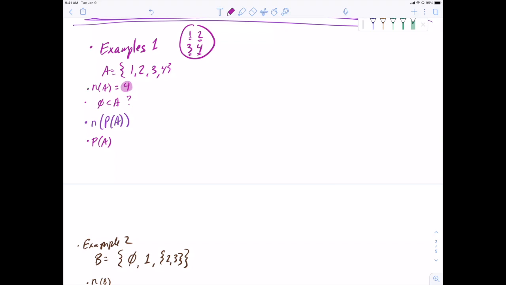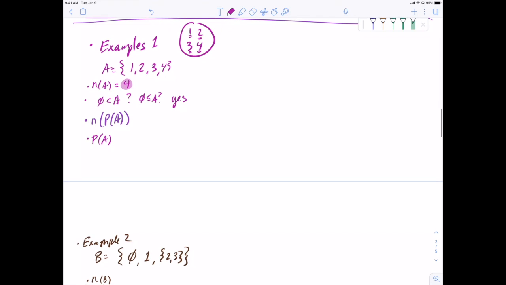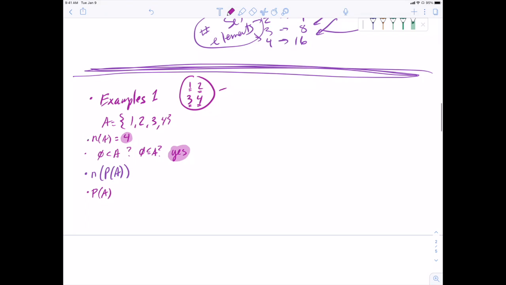Okay. Now, is the null set a proper subset of A? Or for that matter, is it a subset of A? It's almost the same question. The answer to this is kind of by definition. The answer is yes, because when I make a subset out of my A, I can pick any number of things to put over here.